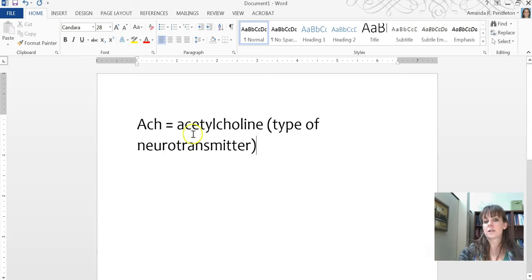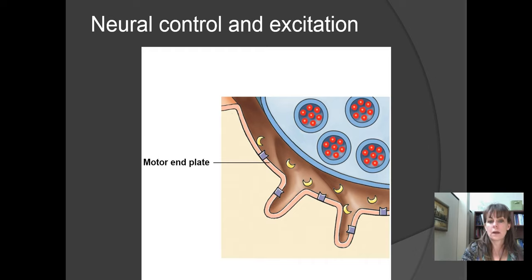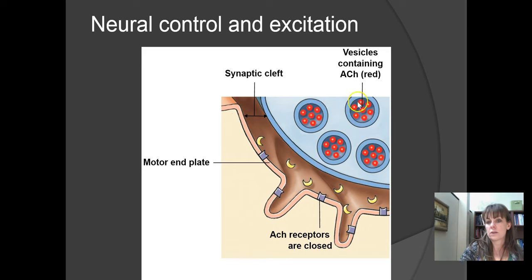This is the neurotransmitter that is always going to be used to stimulate muscles. So again, motor end plate, synaptic cleft, vesicles with neurotransmitter, and this whole structure is called the neuromuscular junction.